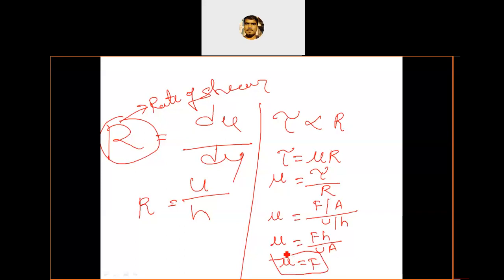Okay, where mu is the proportionality constant and F is the force which is applied on the plate.